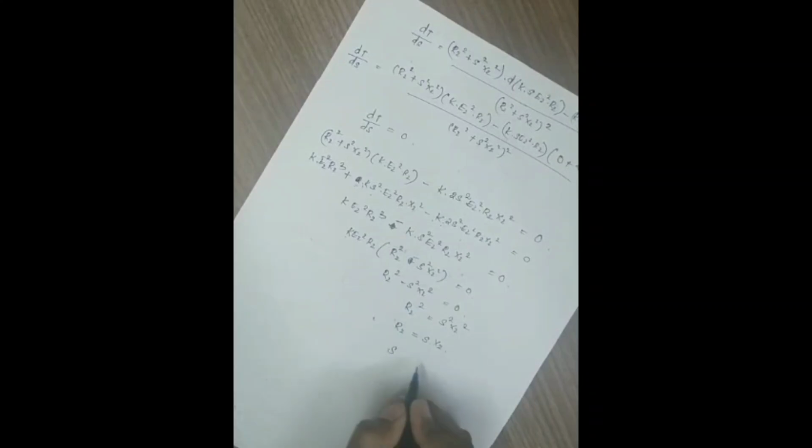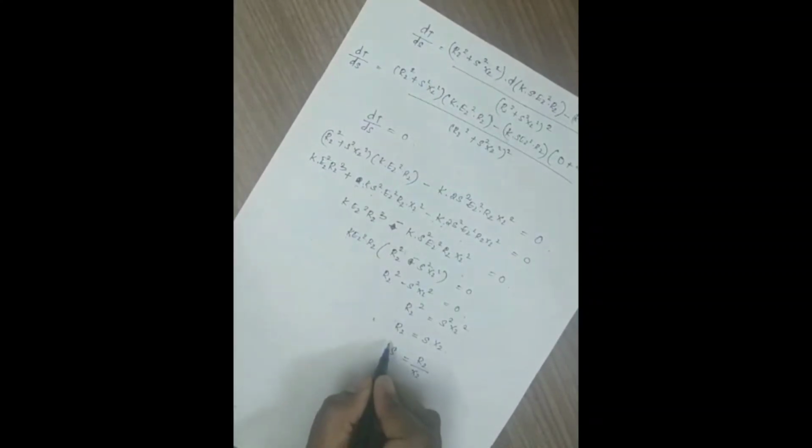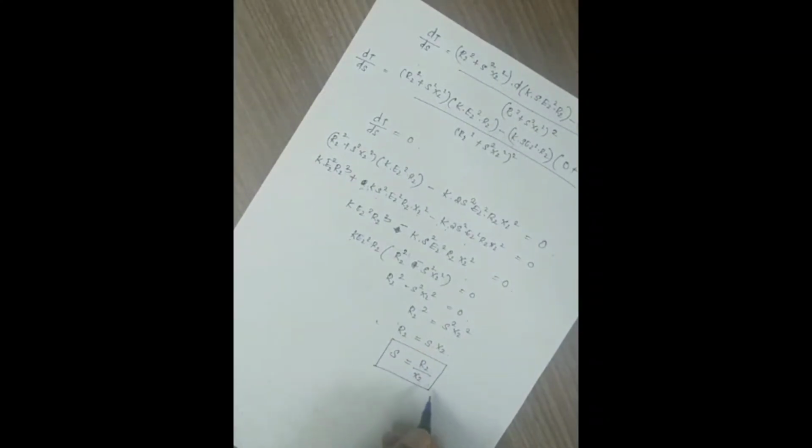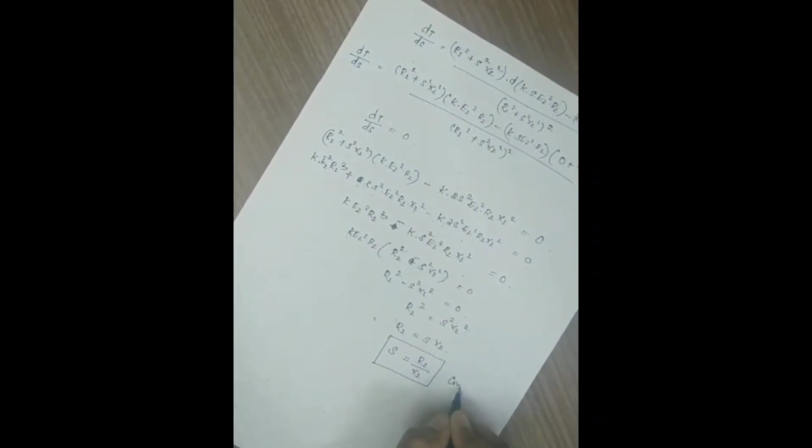So I can write the equation in terms of slip: slip s is equal to r2 by x2. Whenever the rotor resistance and rotor reactance are such that the slip takes this value, it can be claimed as the condition for maximum torque in a three-phase induction motor.